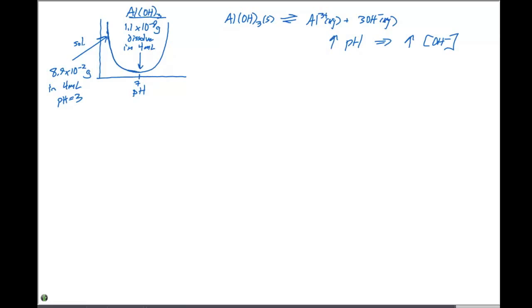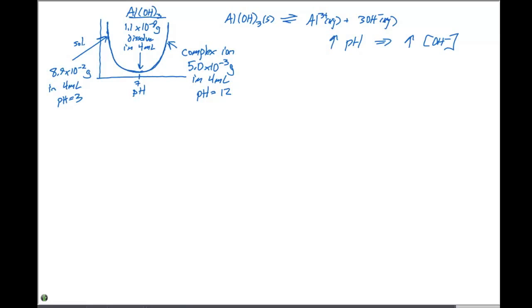But then, as we keep increasing the pH even further, the solubility increases again. So in this portion of our solubility curve, there's going to be complex ion formation. And due to the complex ion formation, our solubility is 5.0 times 10 to the minus 3 grams in 4 milliliters with a pH equal to around 12.